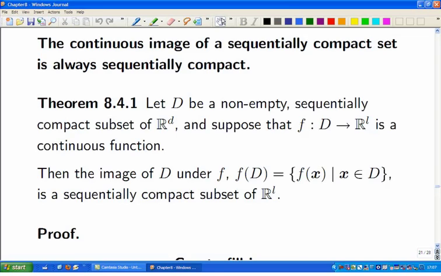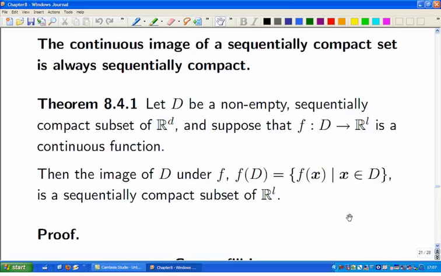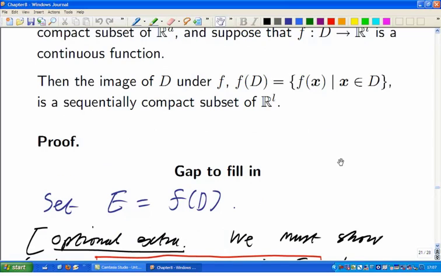compact, and I'd given you lots of warnings about how you could get the proof structure of that wrong if you were not careful. And then we had moved on after proving that and looked at the fact that continuous images of closed sets didn't have to be closed, continuous images of open sets didn't have to be open, and continuous images of bounded sets didn't have to be bounded, but somehow if you combine closed and bounded, then you get this additional information.